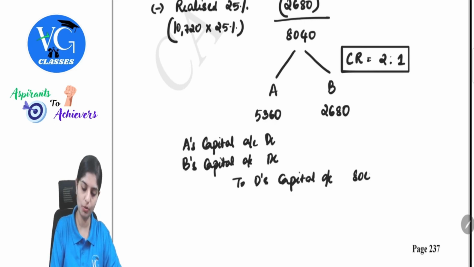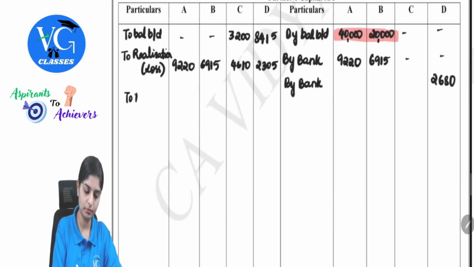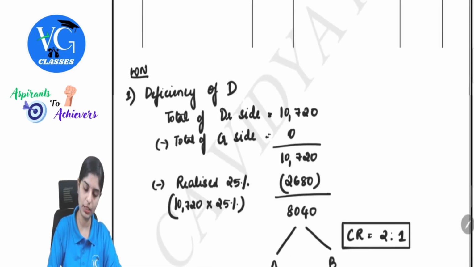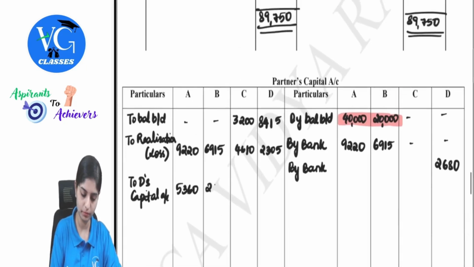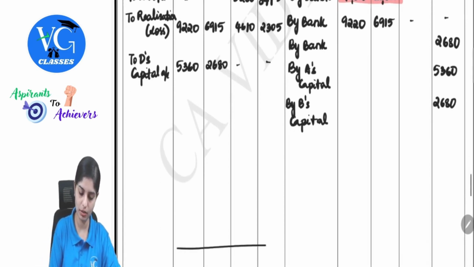This is 8040: 5360, 2680, to D's capital, by A's capital 5360, by B's capital 2680. So let's close the capital account.